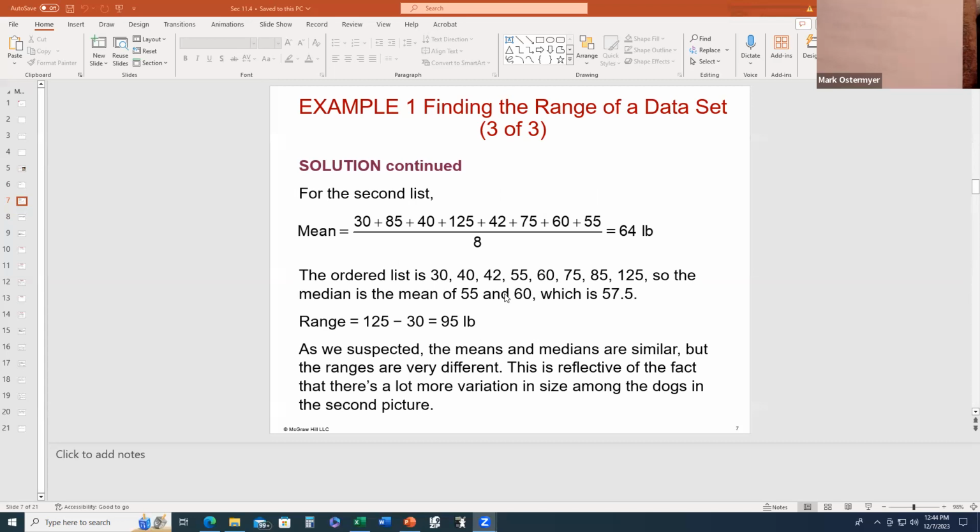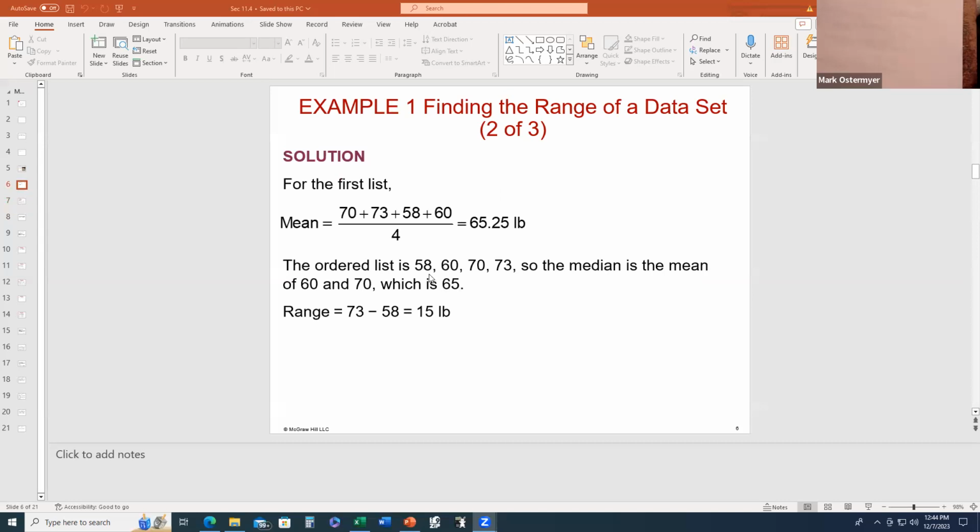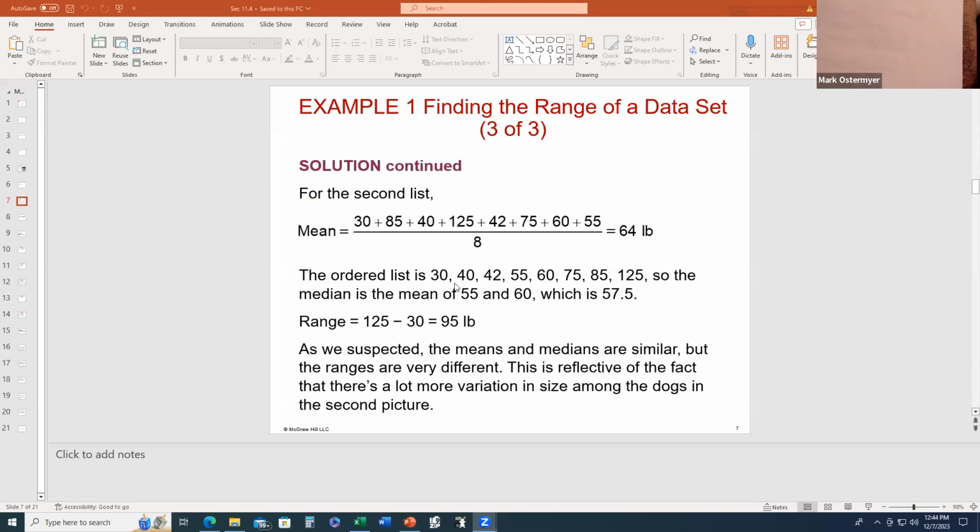Well, if you just glance through the weights of the first group of dogs, it looks like in general the variation of these data points is rather small. There's not much variation, but for the second group of dogs, we have a lot more dispersion within the data set, going from 30 all the way to 125. So these data points in general tend to be a little bit more dispersed or farther apart from one another.